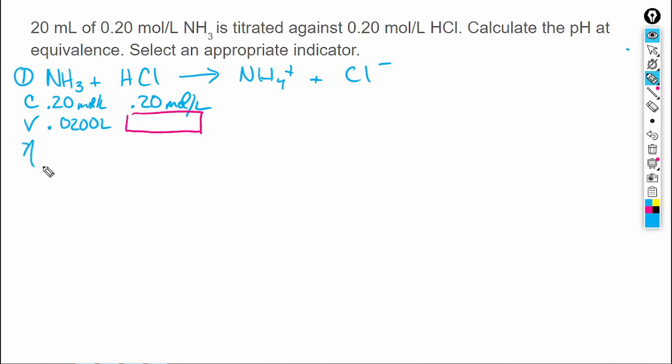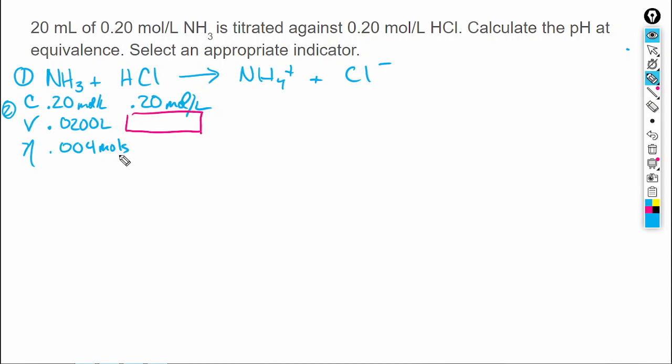What can I find in step 2? Number of moles. Step 1, always balance the whole equation. Step 2, number of moles. So 0.2 times 0.02 is 0.004 moles.